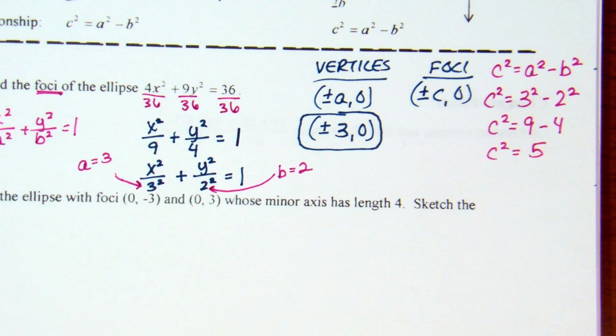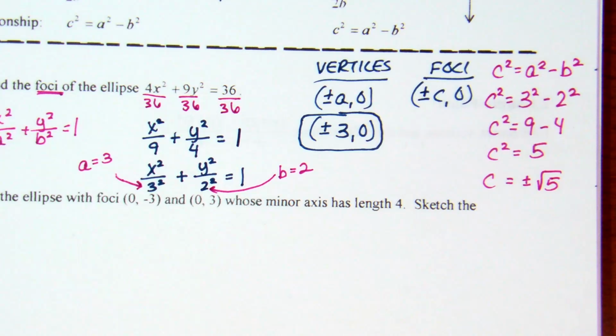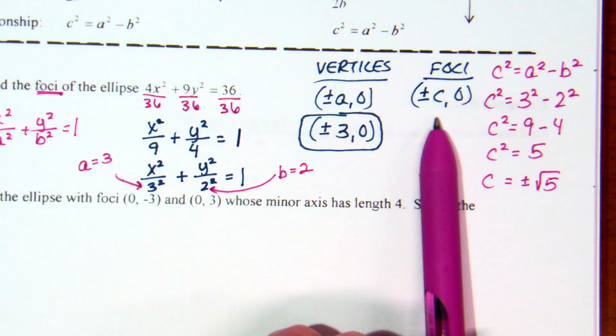Is this taking you guys back to Pythagorean theorem type days? You know what to do. If C squared is 5, what's that mean? C is plus or minus the square root of 5. In all reality, actually, C is just the positive value. In this case, when we talk about A, B, and C, it's just the positive value. So square root of 5, yeah. Because now, if we need plus or minus, what's already in the formula up here?